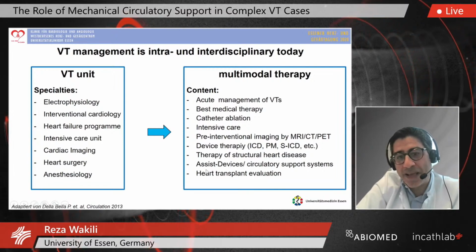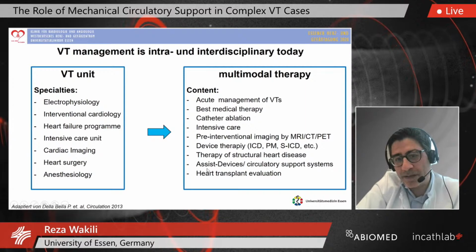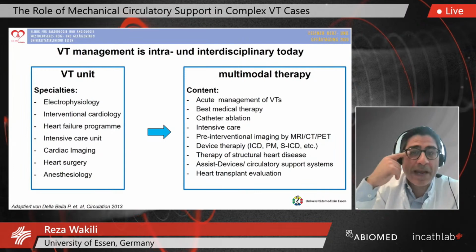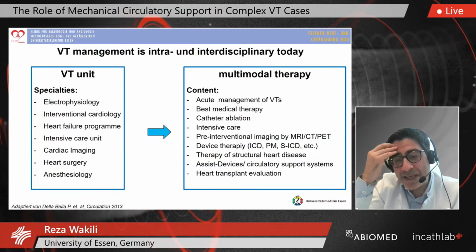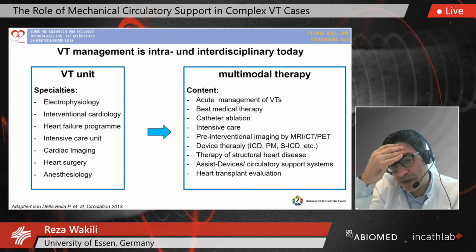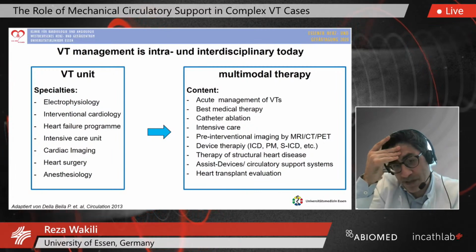I think you should have a team or a unit which is able to handle assist devices, implant assist devices, and you should have a certain experience with circulatory support systems on the interventional basis, but also on the electrophysiology basis, to really keep the complications low and your outcome at the highest level possible.